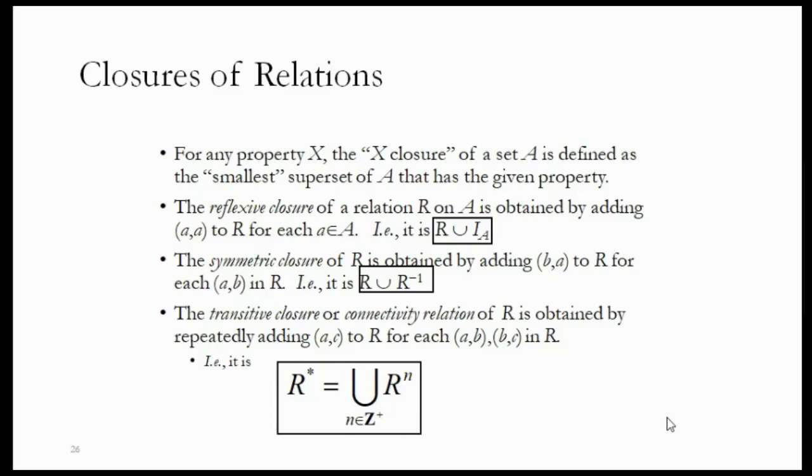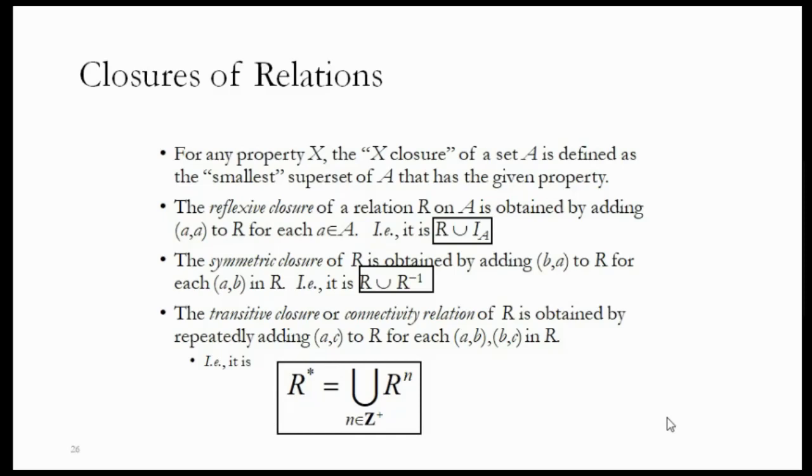The symmetric closure of R is obtained by adding (b, a) to relation R for each (a, b) belonging to R. That means R union R inverse. Thereby you add the symmetric relation, or symmetric closure.